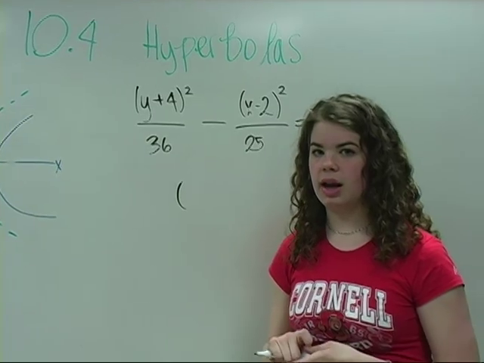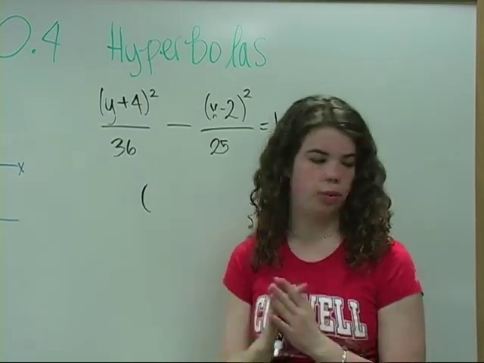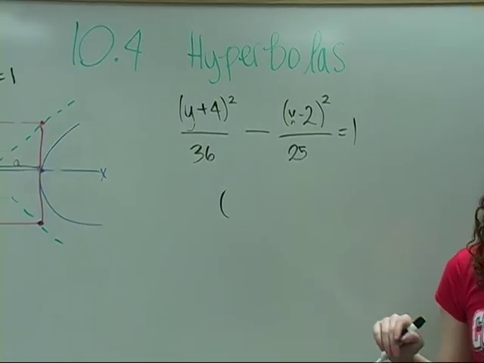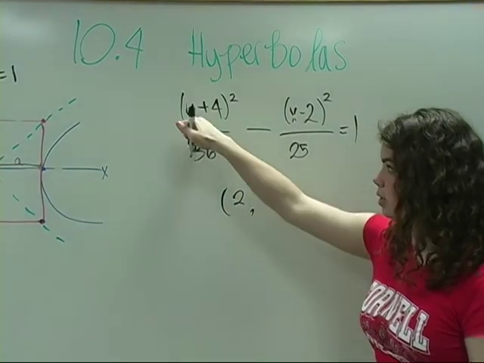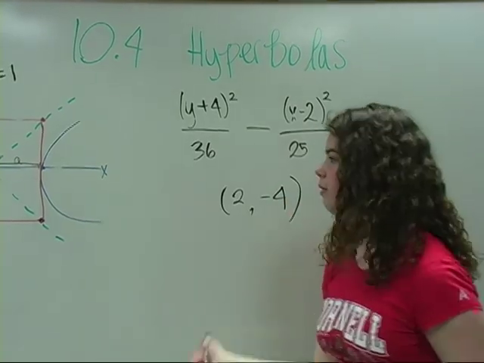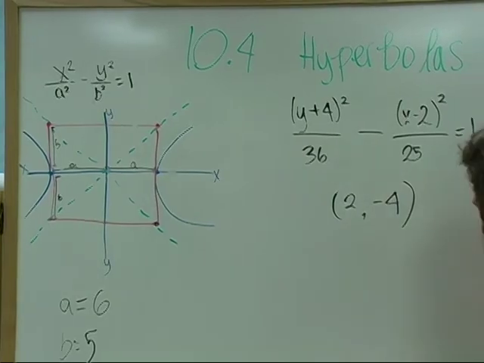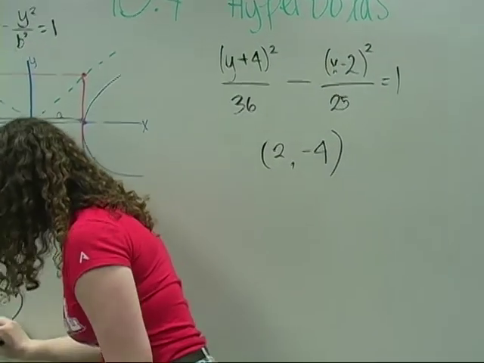So you know that whatever sign is in here, the opposite will be true for the point on the graph. And so our x-coordinate is going to be positive 2, and our y-coordinate is going to be negative 4. This is the center point of the graph. This is where the map will be based on. So 2, negative 4 is our point of interest.